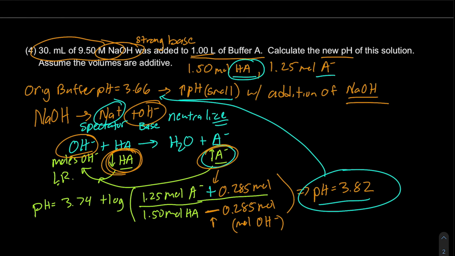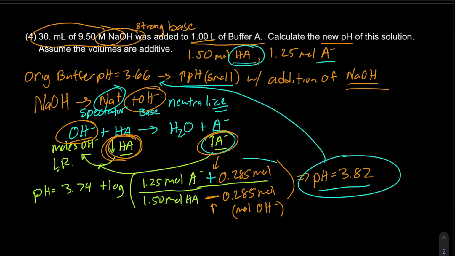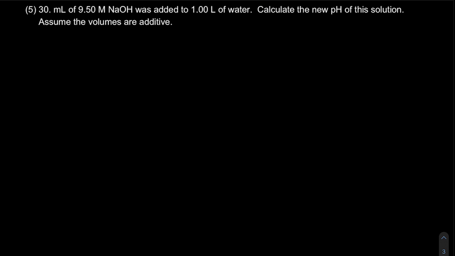And so now we see we have an increase in pH, but it's very small, and we're going to change basically the amounts of our acid and conjugate base that we would have present in solution. So now that we have the ability to see the addition of an acid or a base to a solution, I'm going to let you work on number 5 on your own to practice that.